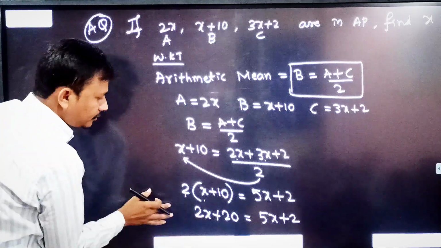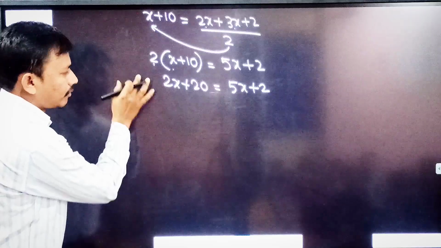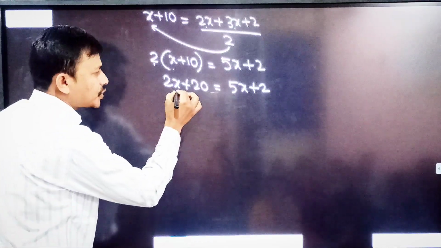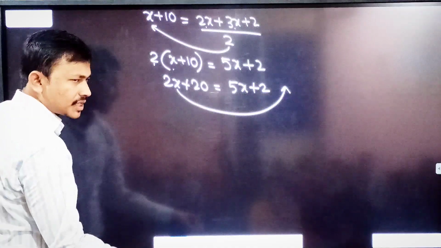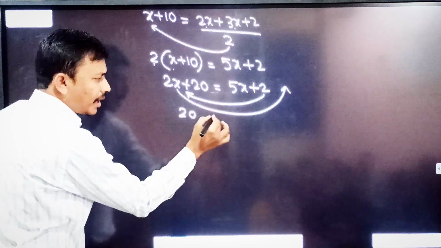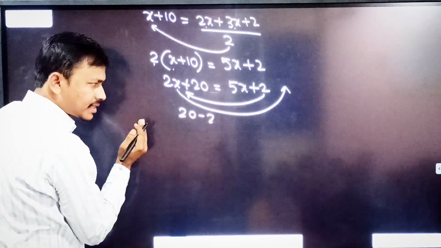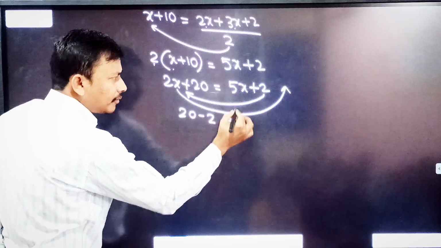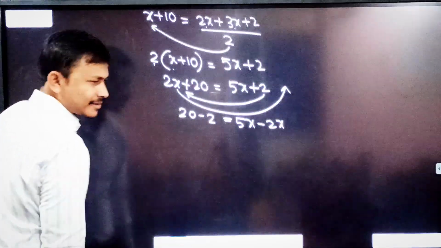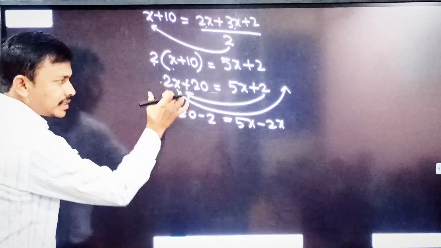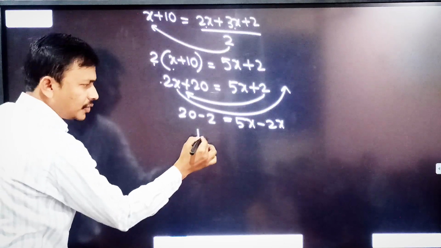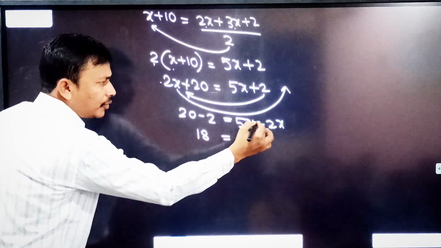Next, plus 2x will become minus 2x. Plus 2 will become minus 2. Numbers separate. Then 5x minus 2x. 20 minus 2, 18 is equal to 5x minus 2x.